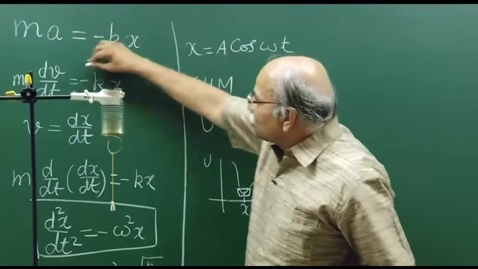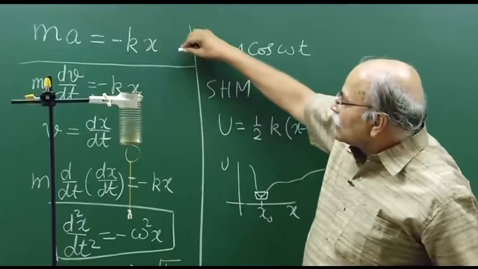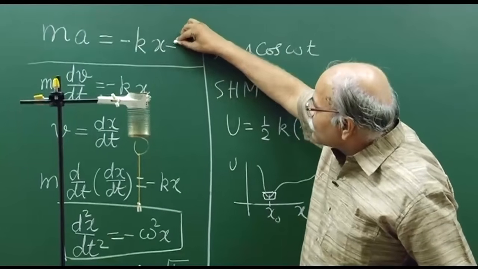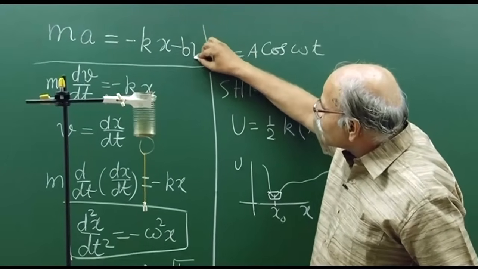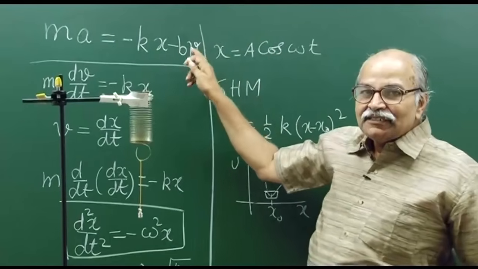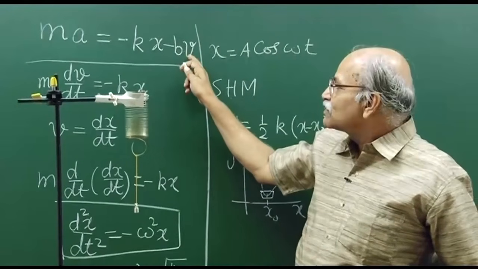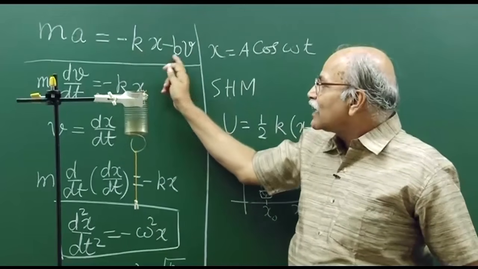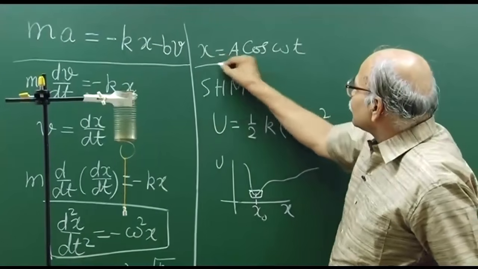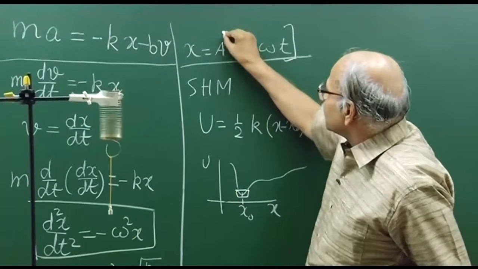What kind of dissipative forces will we be adding? One is that you add a term minus some constant times velocity. Quite often this resistive force is proportional to velocity, so you can add that, and this changes the solution. How does it change?